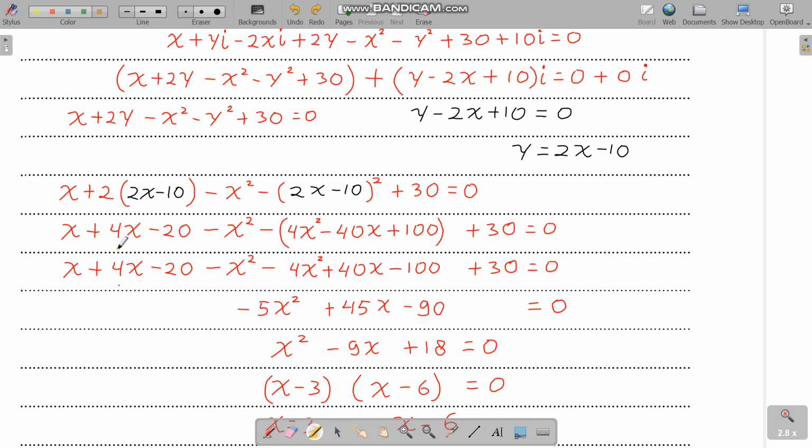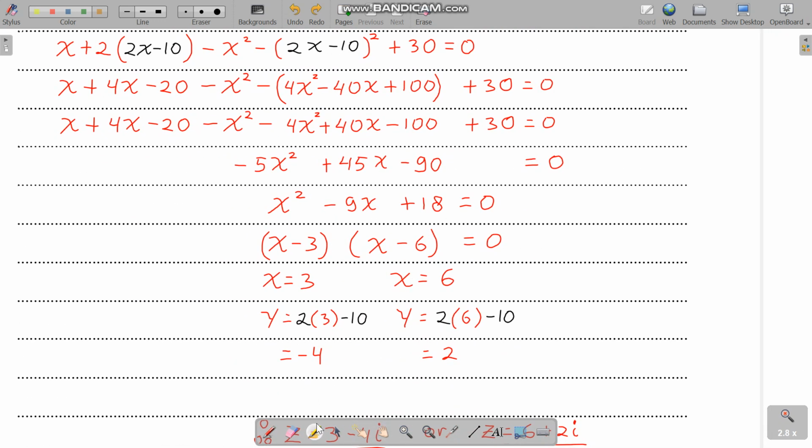So now 2 times 2x, 4x, 2 times minus 10, minus 20, and this is a minus b all squared, so a squared minus 2ab plus b squared. And we can open up the brackets, minus times this, minus times this, minus times this, and now we simplify.